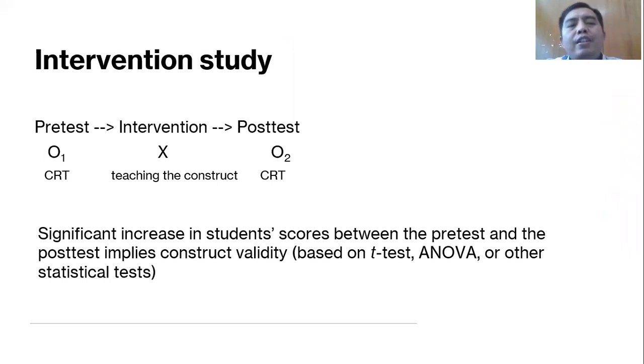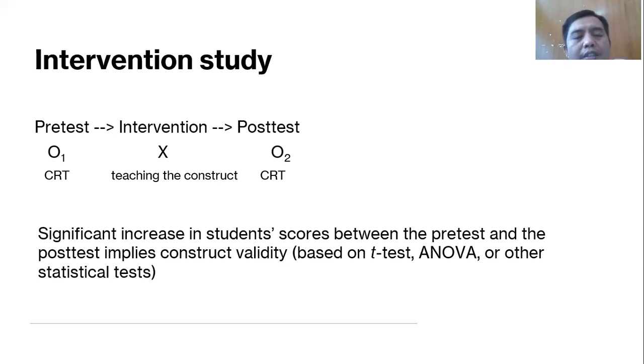You could investigate whether your CRTs have construct validity by conducting an intervention study, administering a pretest before the teaching and a post-test after the teaching. If there is a significant improvement in the student scores between the pretest and post-test, then it is safe enough to say that your CRTs have construct validity.